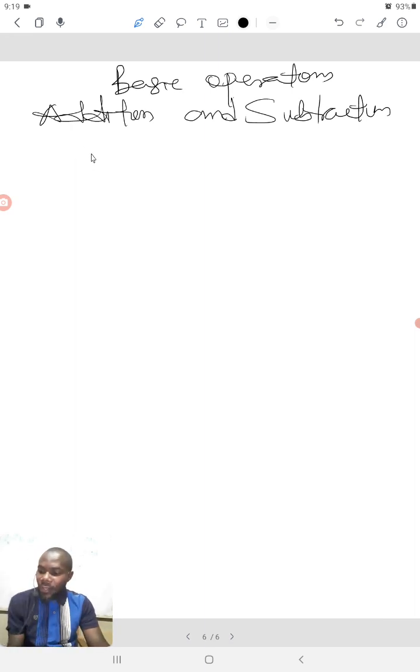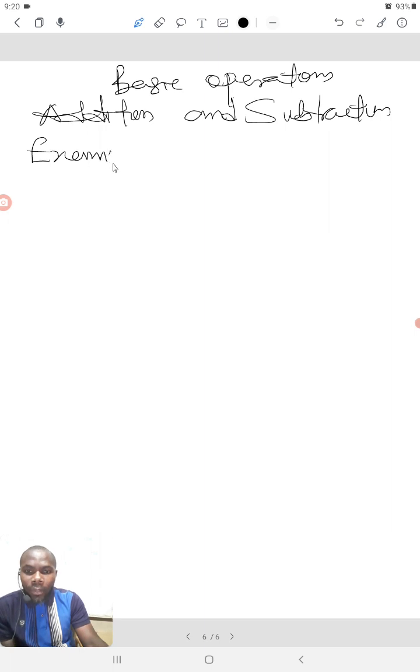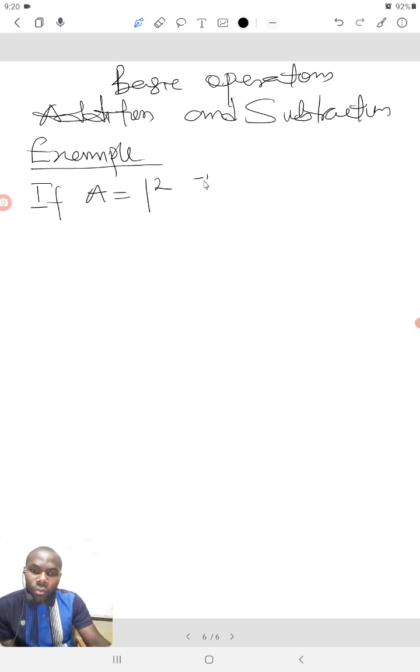Let's have a first example. You need to explain in order so you're able to get the meaning of matrix. Say if A is 2, minus 4, 3, 1, and B equal to 1, 4, minus 2, 3.